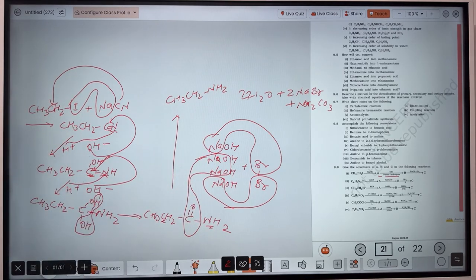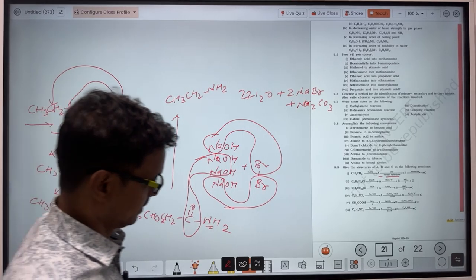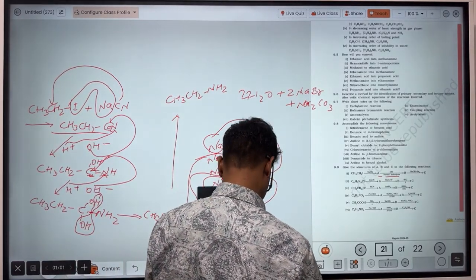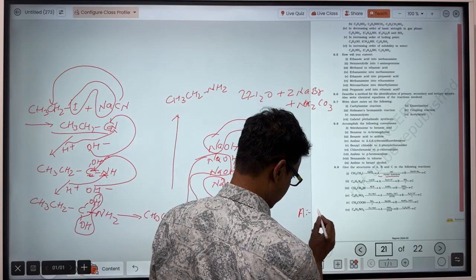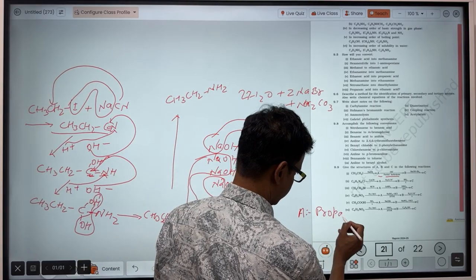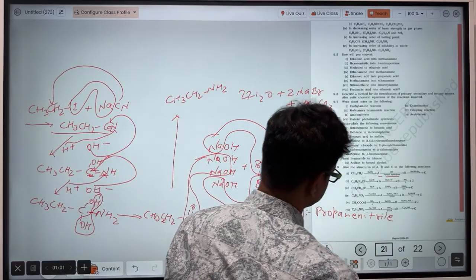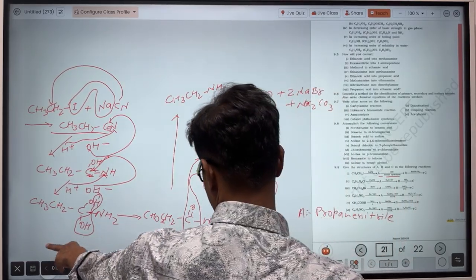So A is propane nitrile, A is propane nitrile. Then after, B is what?